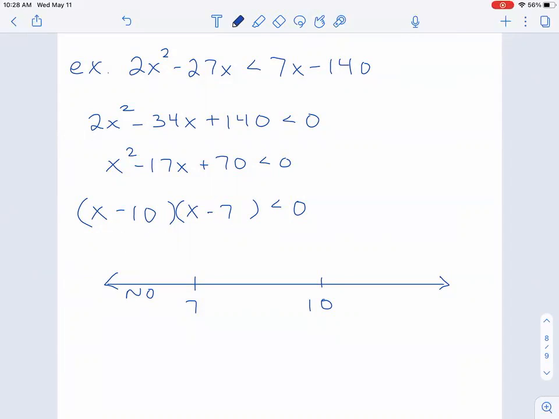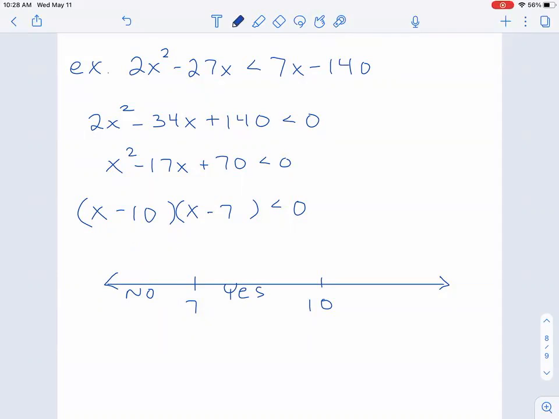A number between 7 and 10, like 8: 8 minus 10 is negative, but 8 minus 7 is positive. And a negative times a positive is less than 0, so that does work. So I'd say yes in that middle region.